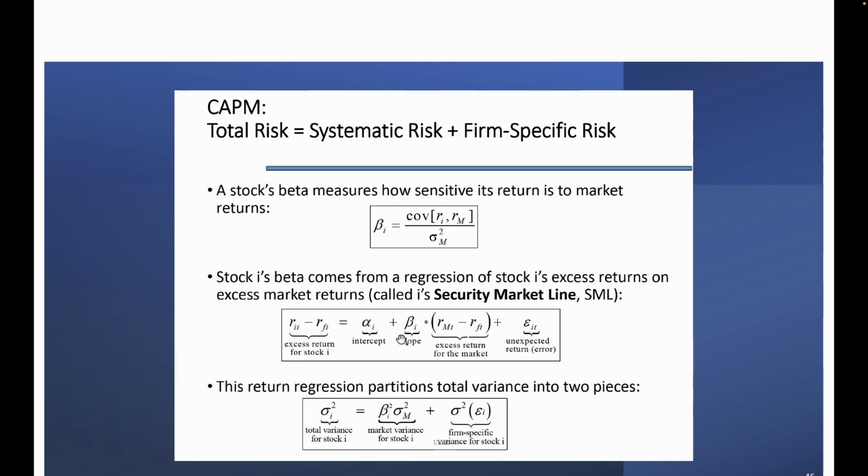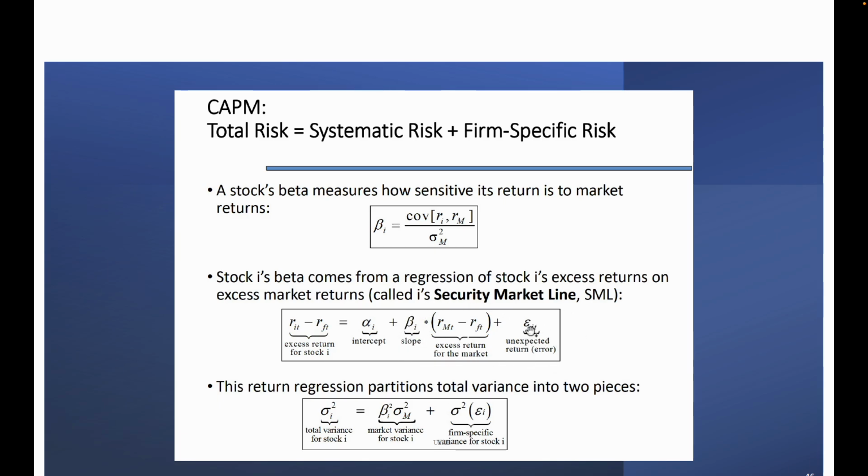It also represents the security market line, because the return should depend only on the market's return in a linear way. If you take the variance operator to the left, this is sigma i squared, total risk. Now you take the variance operator to the right. Alpha is supposed to be a constant, so it has no variance. And then you have the variance of the sum.